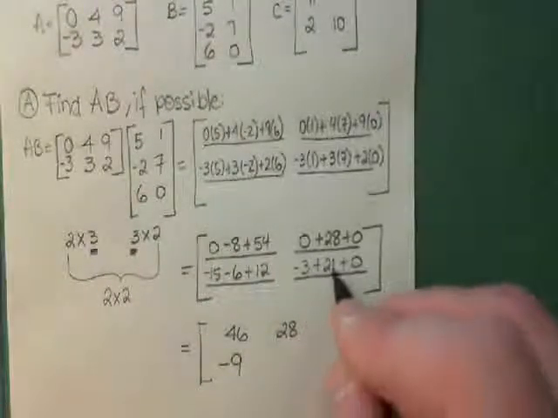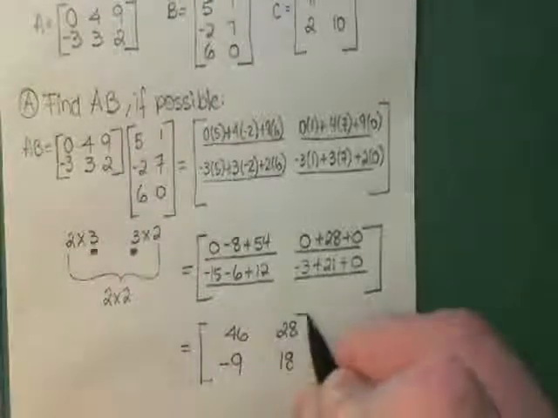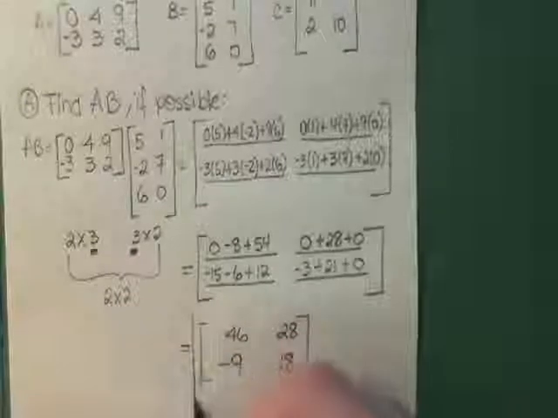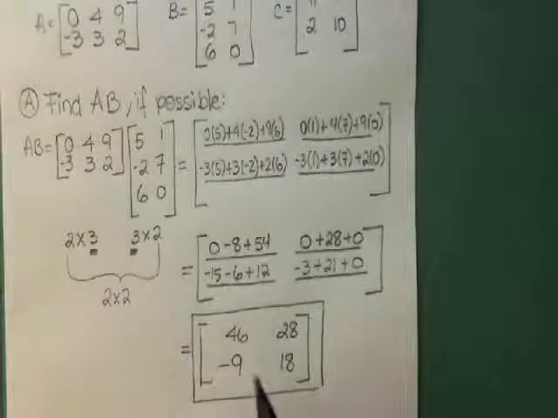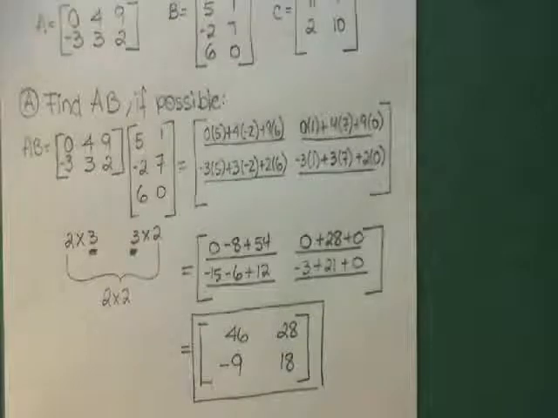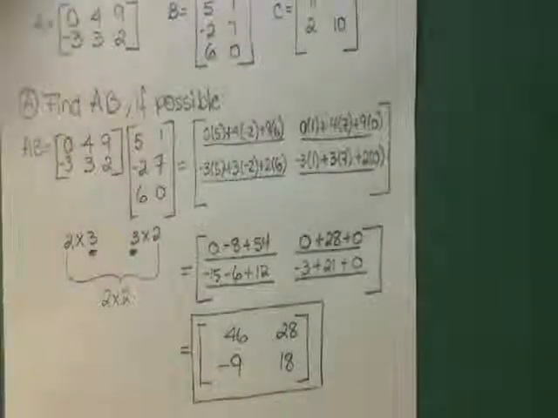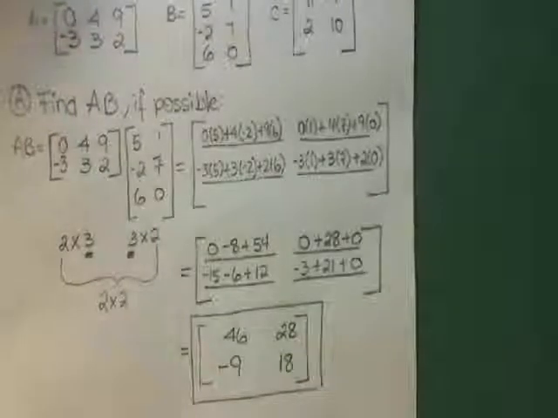And negative 3 plus 21 plus 0 is 18. And there we have it, the answer for this multiplication. If you notice, it's a 2 by 2 matrix. If you'd like to take a closer look, go ahead and stop the video. Otherwise, continue the video to see the next 2 examples that we have prepared for you.